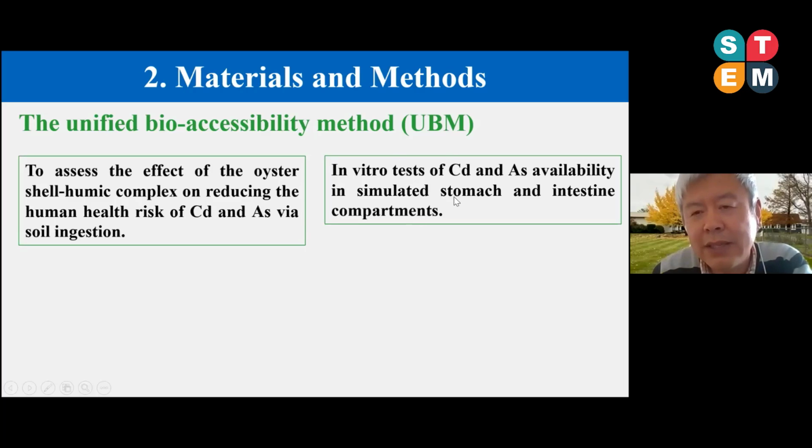And this assessment involves preparing the simulated stomach solution and simulated intestinal solution, putting the soil into the solution and shaking for a while, and then centrifuging, filtering, analyzing the solution, determining the metal concentrations, and then based on a formula we calculate the bioaccessibility index.